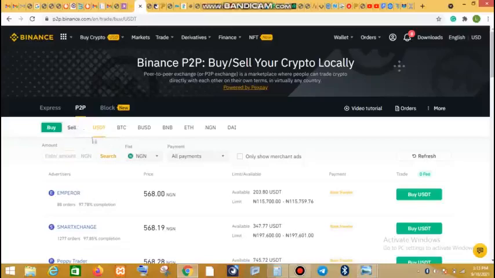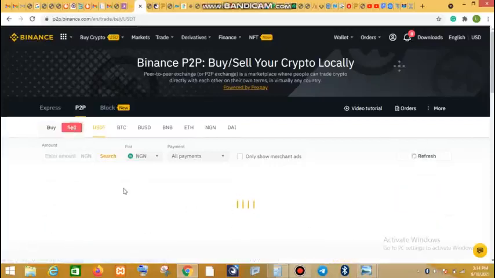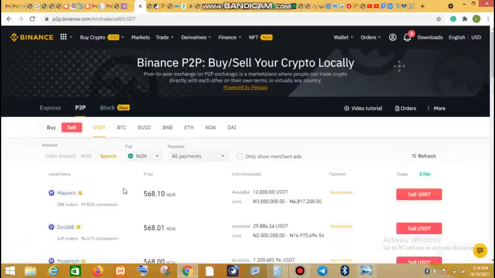As you can see here, the price for USDT is 568 naira, in this range, 568. Let's check the sell. It is between 567 and 568 naira per dollar.